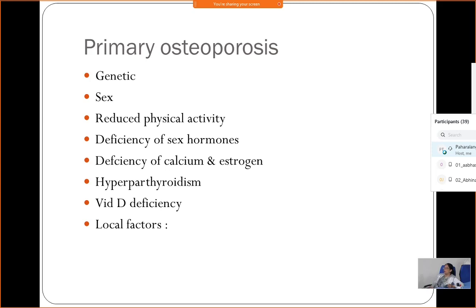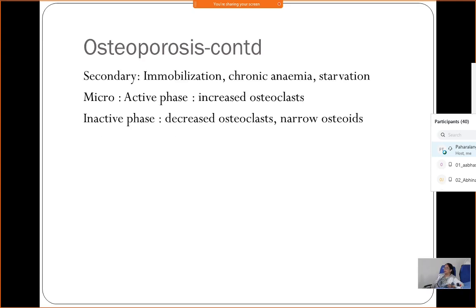Deficiency of hormones, not just estrogen, even testosterone. Deficiency of estrogen and testosterone also causes primary osteoporosis. Then, in addition, deficiency of calcium, hyperparathyroidism, vitamin D deficiency, and local factors. If you are not utilizing the bone for whatever reason, then also there is risk of primary osteoporosis. These are all the risk factors for primary osteoporosis.